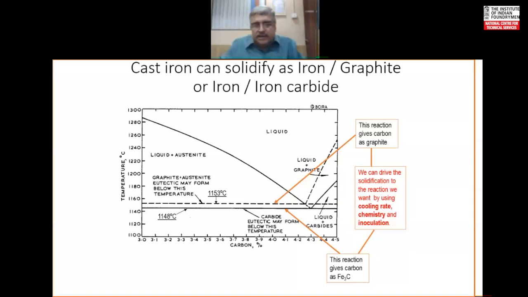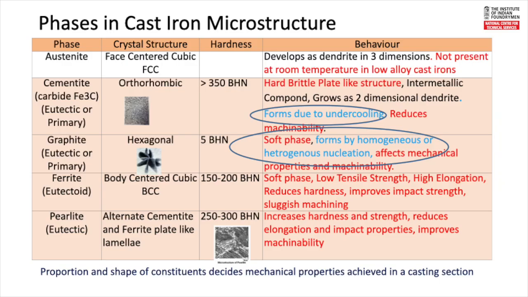Now, when the iron is solidifying, how the carbon will come out is decided by the chemistry of the melt, the cooling rates in different parts of the casting, and the nucleation levels or inoculation that is used to encourage carbon to come out in the form of graphite. This particular double eutectic has a particular significance.